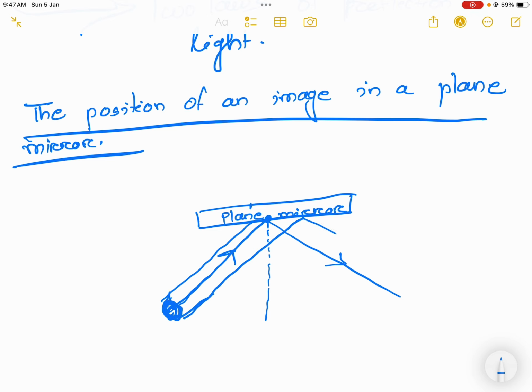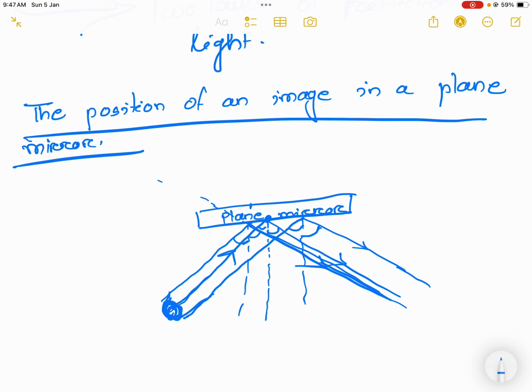So you will have reflected rays like this, and they will always obey the same plane. They will lie in the same plane, and this angle is the same, this angle and this angle are the same. These are divergent rays. They are not meeting at any point.